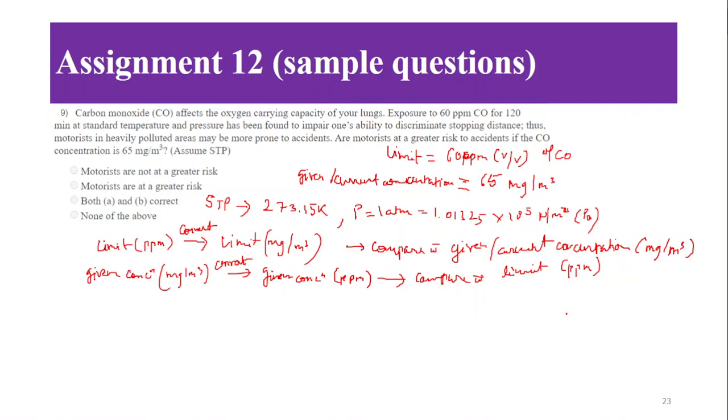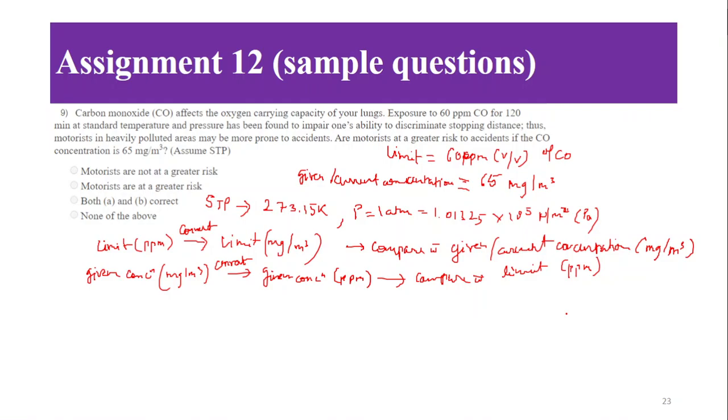Okay, so we are given the concentration, it is 65 milligram per meter cube. So we need to convert it into ppm. So we take basis as 1 meter cube of air.